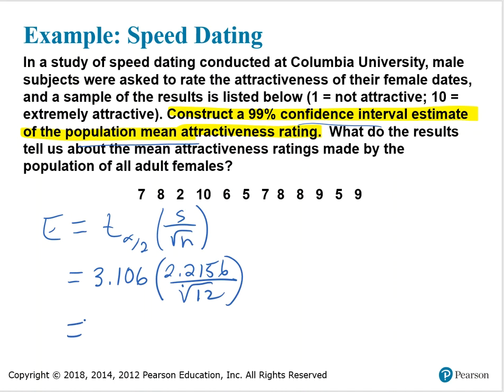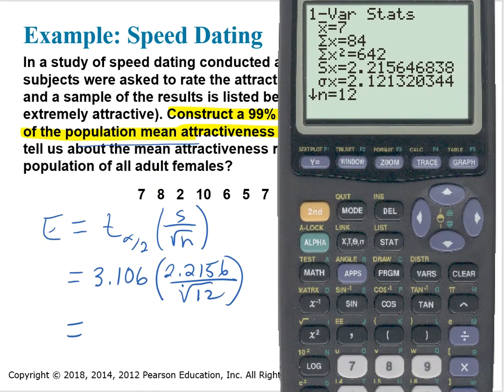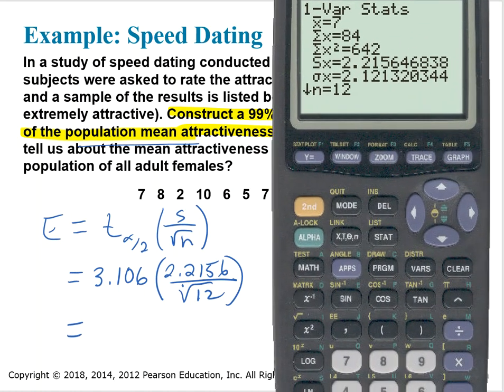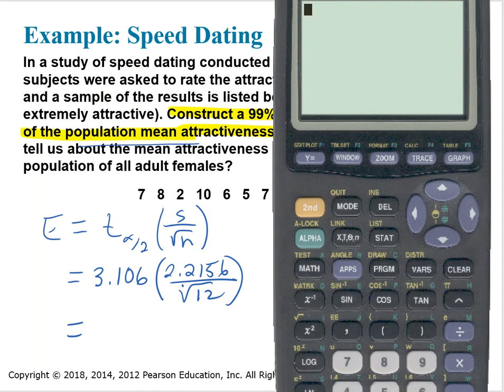And using the calculator to find E, 3.106 times 2.2156 divided by the square root of 12 gives me 1.9865.